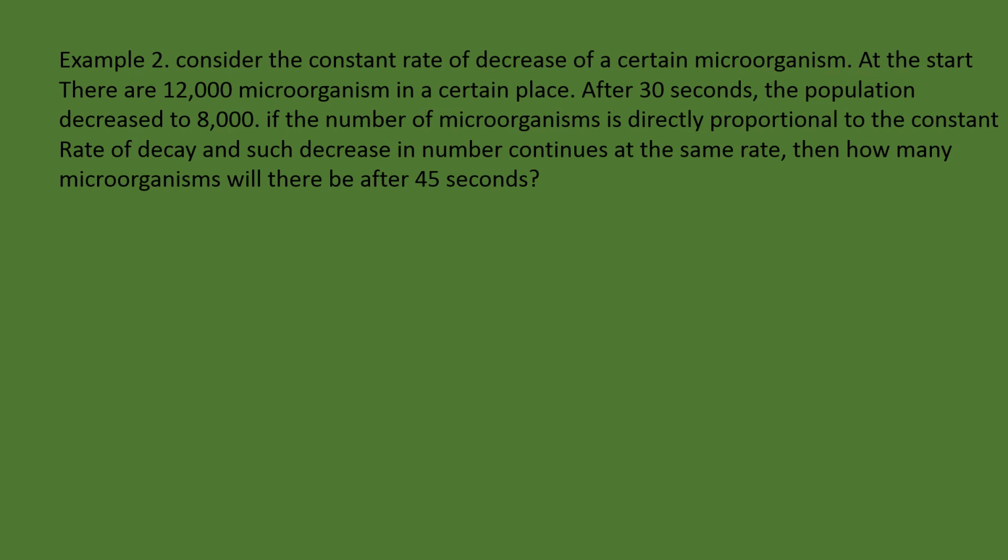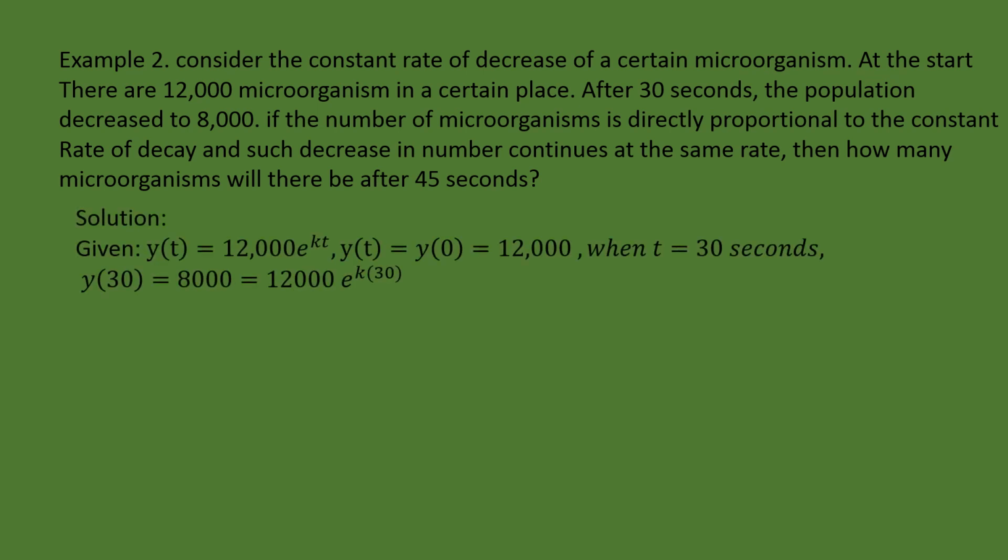So we are going to find out how many microorganisms will be left after 45 seconds. Of course, given y of t is equal to 12,000 times e raised to the power of k times t, where y of 0, our initial population, is 12,000 as described in the problem. Then after 30 seconds, the population becomes 8,000.